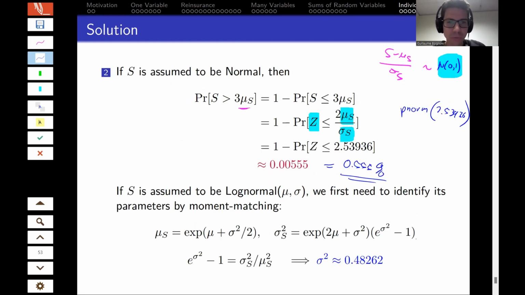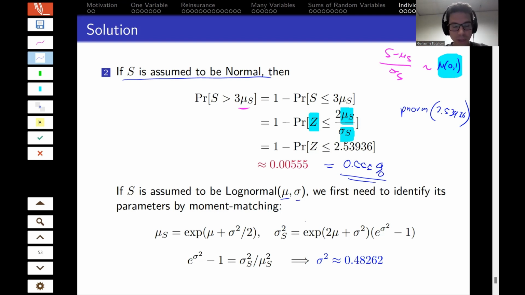Of course, in the previous part we assumed S is a normal. Of course, it's not exactly normal, and it's not exactly log normal. It's an approximation. The first thing, just be careful with this. We say S is a log normal, but as of now, we don't know what the parameters of that log normal would be. Saying that S is a log normal with parameters mu and sigma, those parameters are not the mean and standard deviation of the log normal.